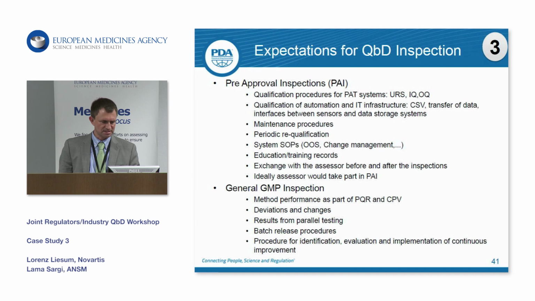Another very important point is about the batch release procedures, that it is clearly defined at which point, as mentioned before by Lama, it is allowed to switch from the real-time release testing to the conventional testing, and to have a very clear strategy for how these batch releases are done.